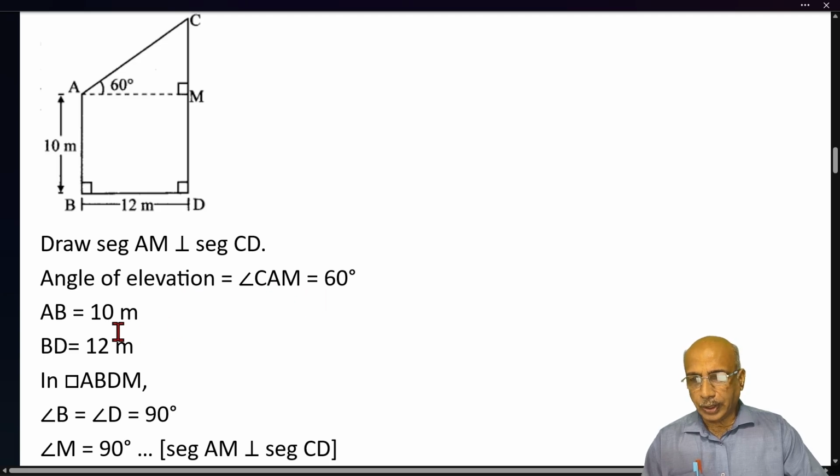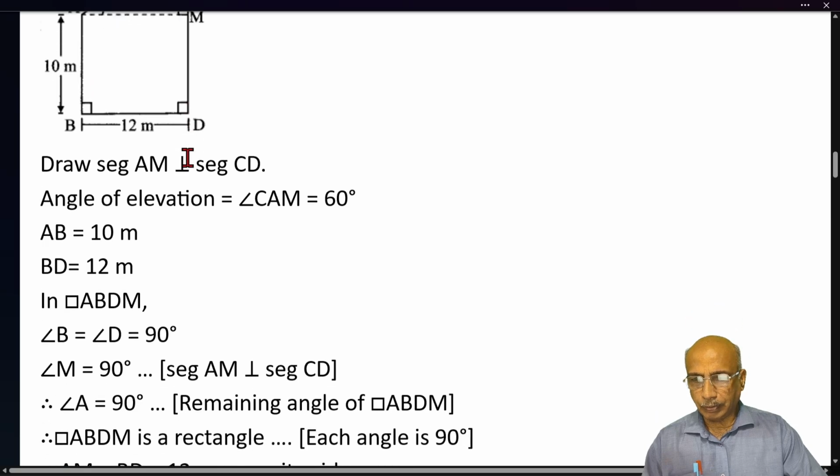Here in the figure you can see AB equals 10 meter, BD equals 12 meter. In quadrilateral ABDM, AB is 10 meter, BD is 12 meter. So AM will also be 12 meter and MD will also be 10 meter. Opposite sides, a rectangle will form.